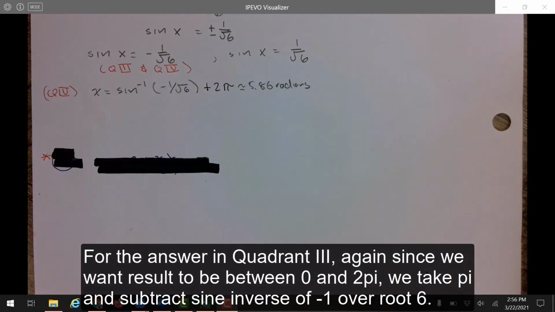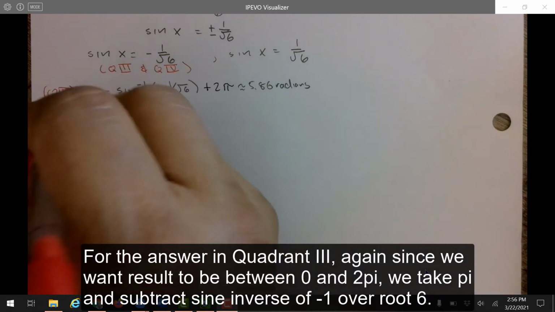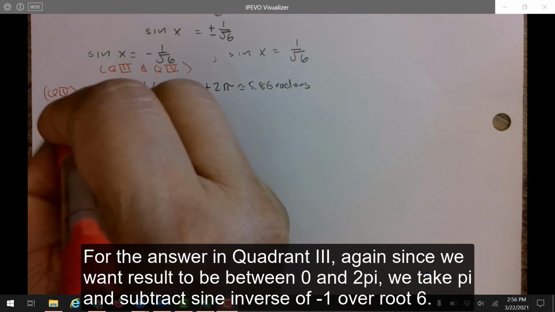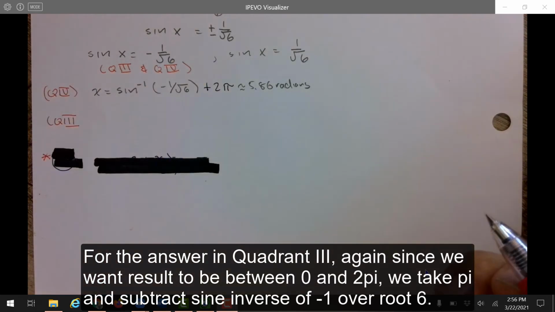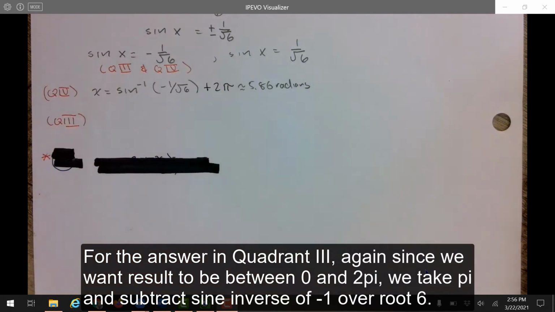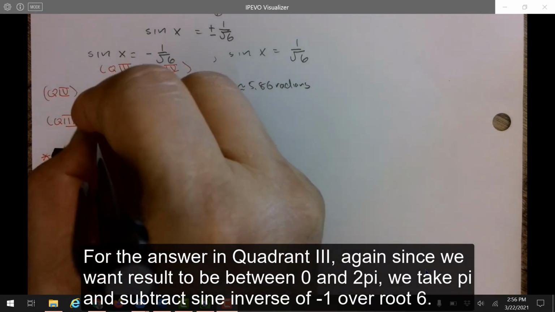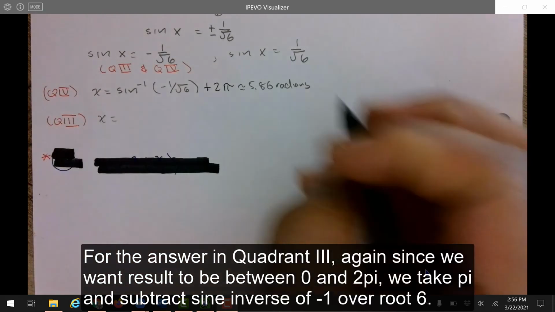For the answer in quadrant 3, again, since we want a result to be between 0 and 2 pi, we take pi and subtract sine inverse of negative 1 over root 6.